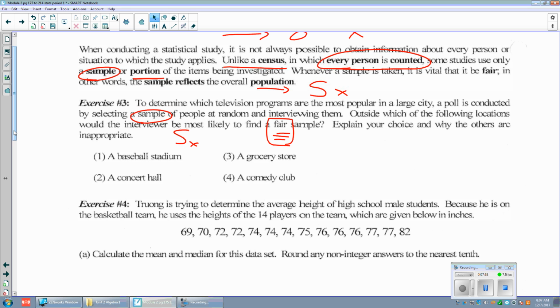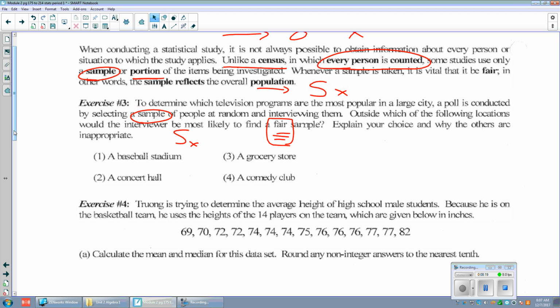You can imagine those populations. Those are unfair. If I ask people in calculus if they're going to be going to an engineering school, most of them will say yes, because that's an engineering class. That's unfair.